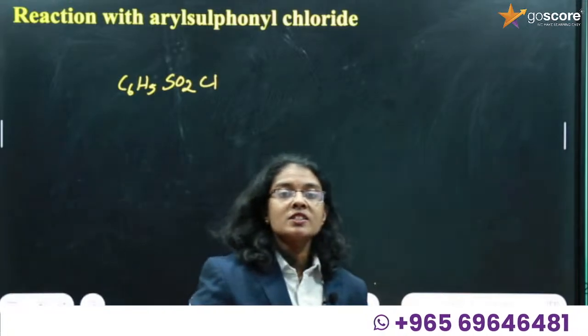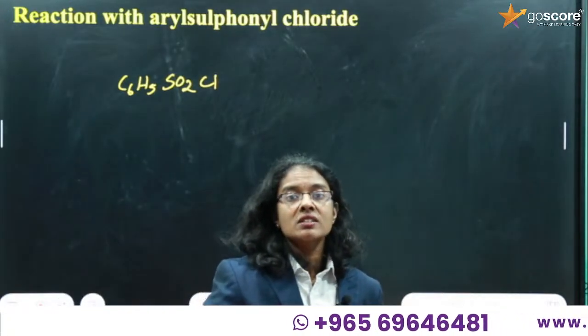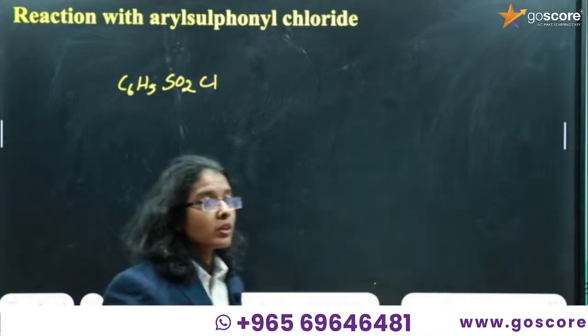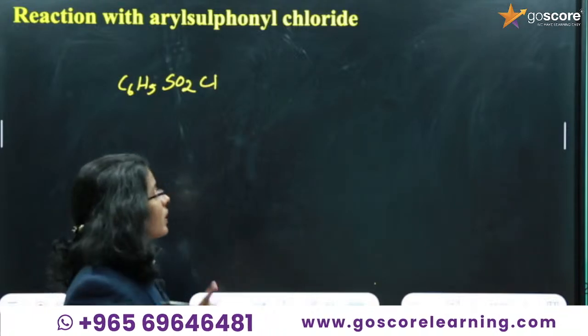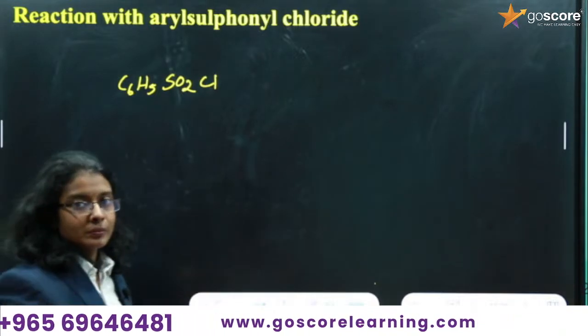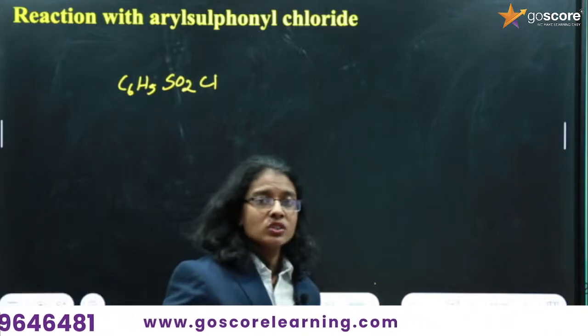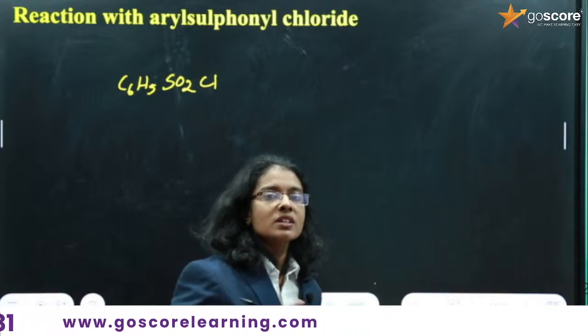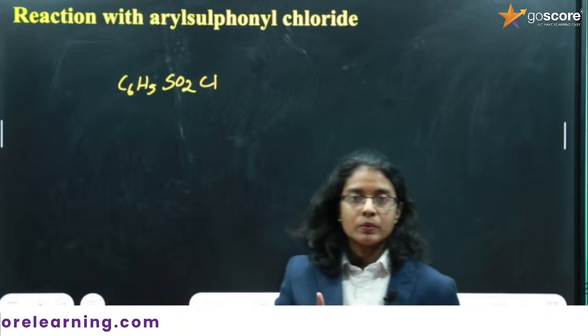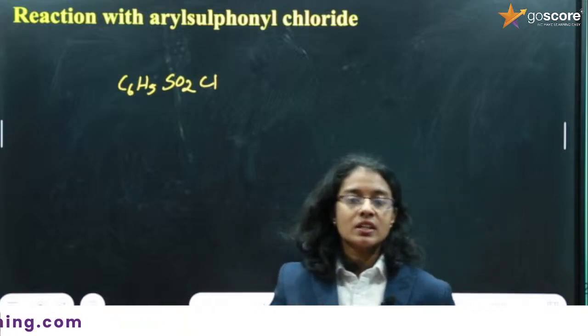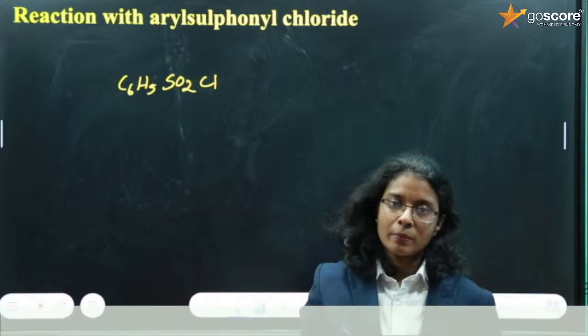That is called Hinsberg reagent. Again, important question: what is Hinsberg reagent? C6H5SO2Cl. Hinsberg reagent reacts with primary and secondary amine to form sulfonamide.